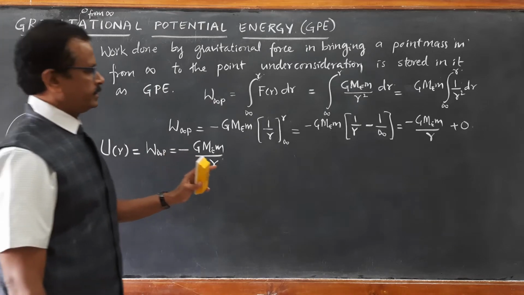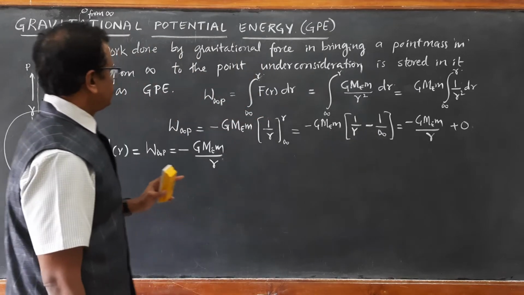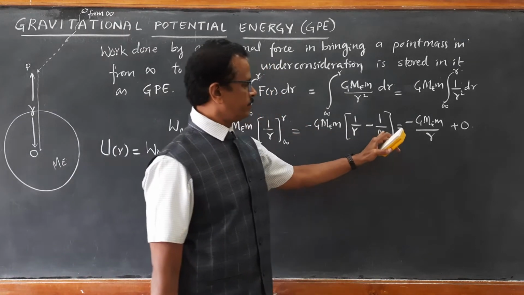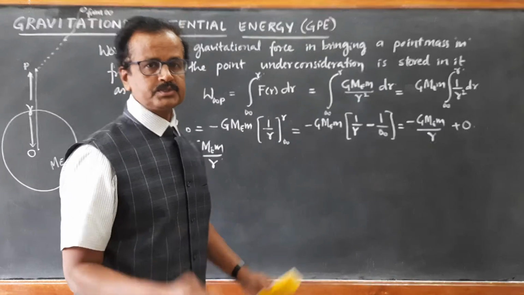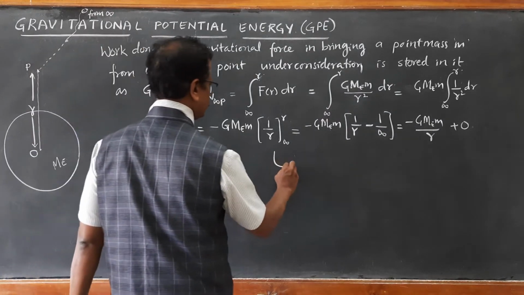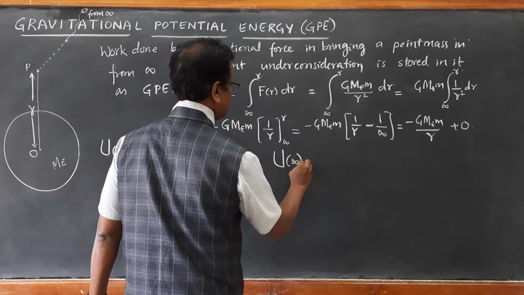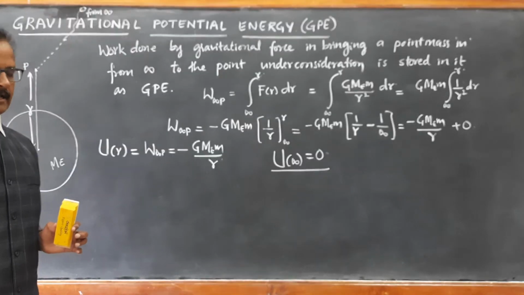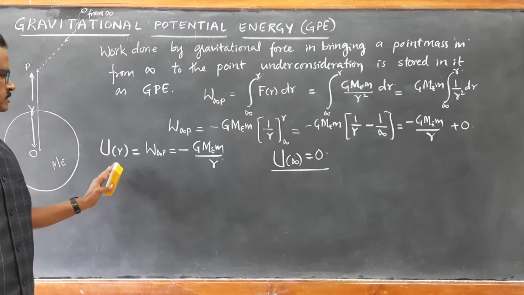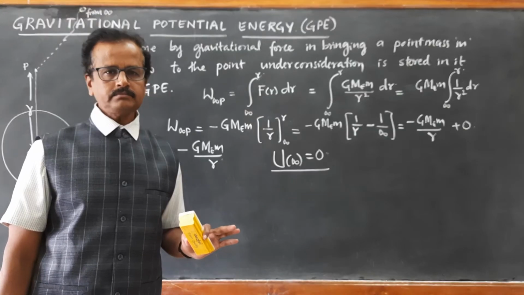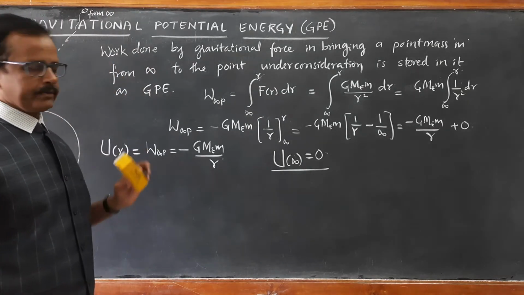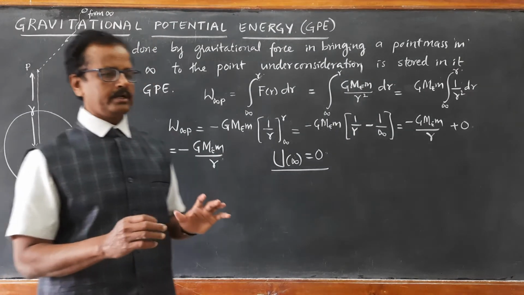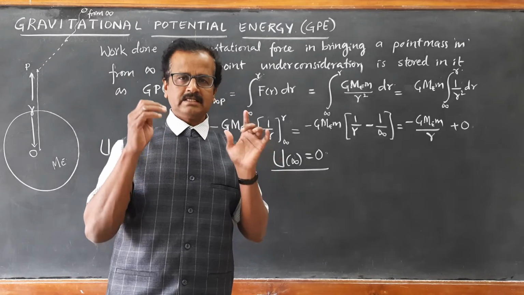Now, one more thing you please understand here, the potential energy at infinity. When you put r equal to infinity here, it becomes 0. So U at infinity is 0. This is the highest possible potential energy. At all other positions, the potential energy is negative. Yesterday itself I told you, the potential energy of a body around the earth at any position is negative.